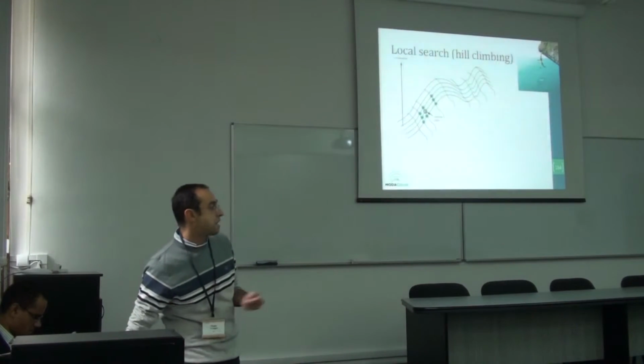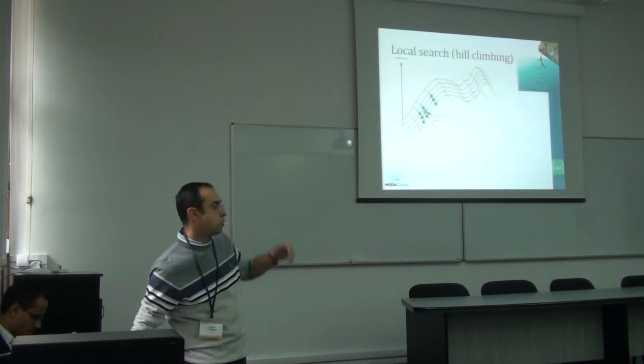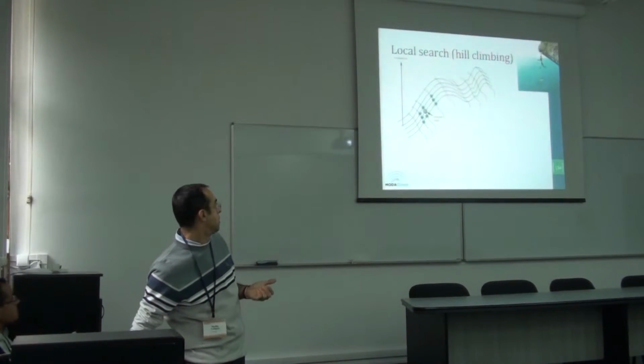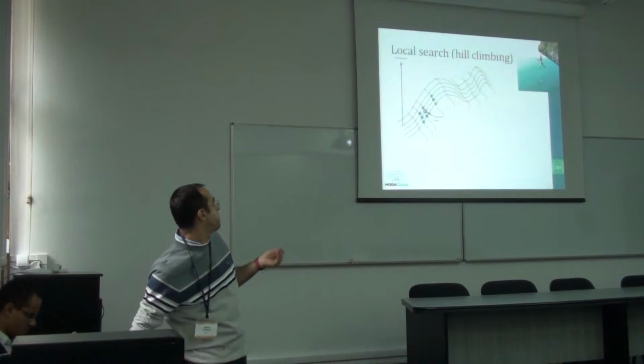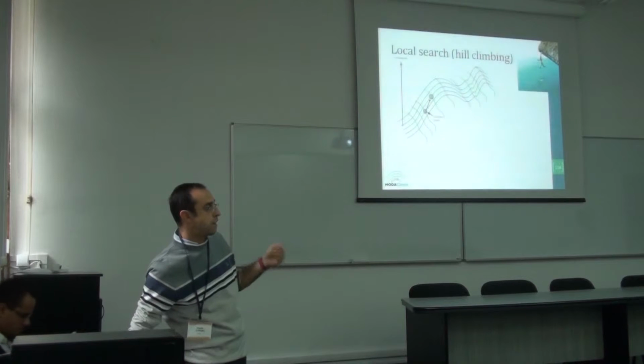Here we are trying to maximize our objective function, so the next solution will be the best one that we have in the neighborhood. And then we directly improve our current solution in this way.